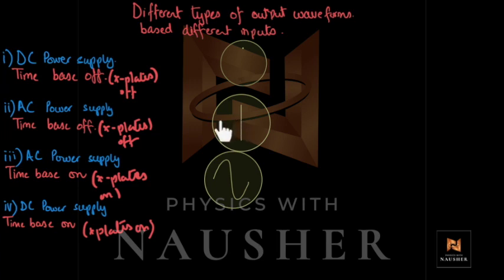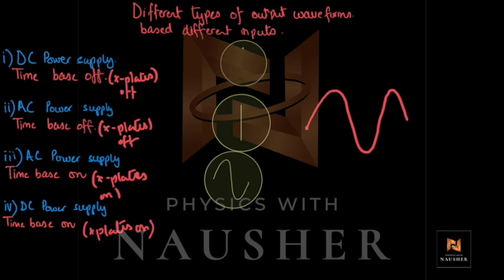But if you turn on the horizontal movement as well, think for yourself: one thing has to go up and down and also move forward, so how will it go up and down while moving forward? Have a look. It has to go up and also move forward, so this is the movement. It has to go down and also move forward, this is the movement. So you'll get a waveform if the AC power supply is on and your time base is also on.